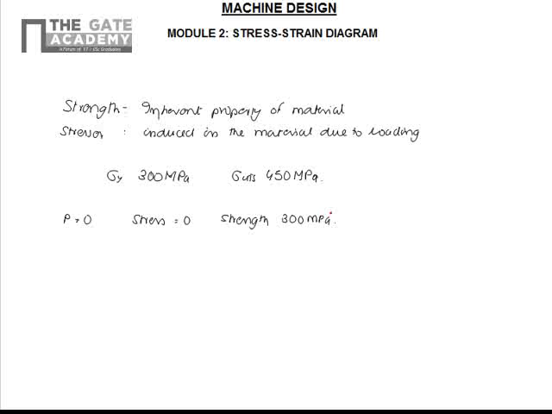As we have already seen in the proportional limit, stress is proportional to strain, and we have derived the quantity called the elastic modulus of the material, E, which is the Young's modulus.